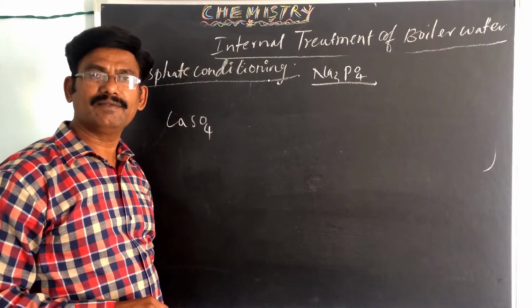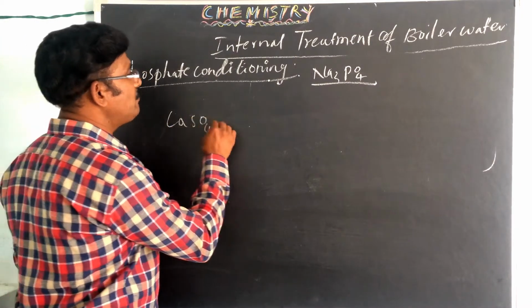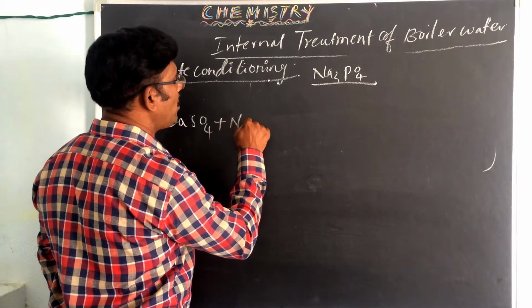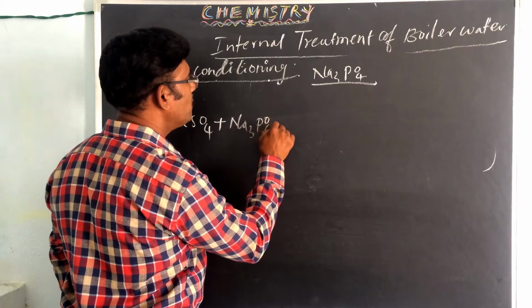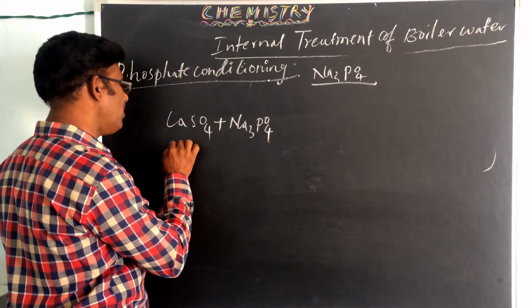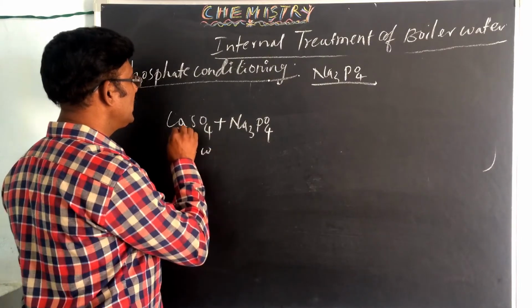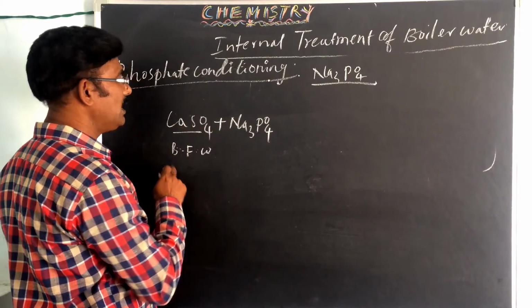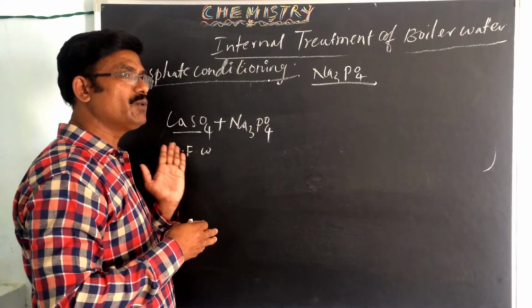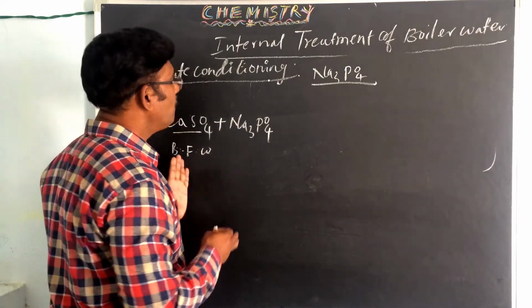Boiler feed water, we know, contains calcium sulfate. Boiler feed water means the water hardness producing salt is calcium sulfate.